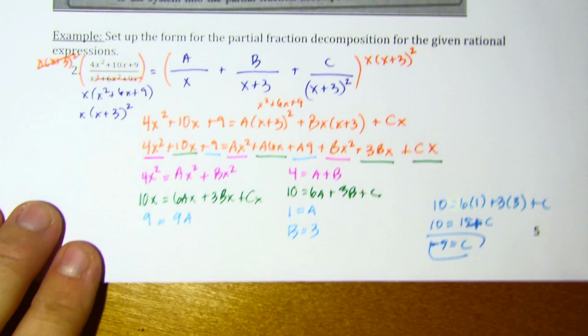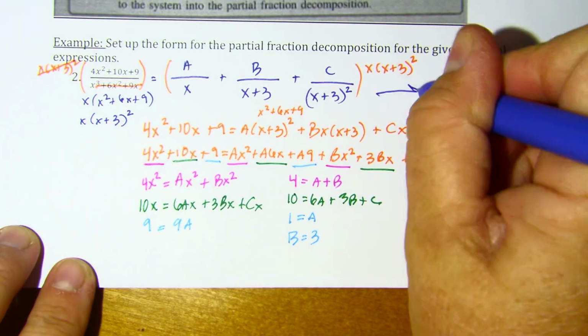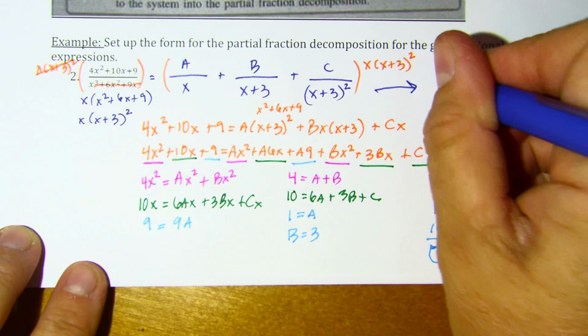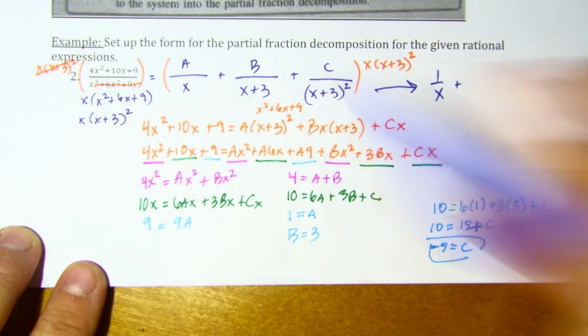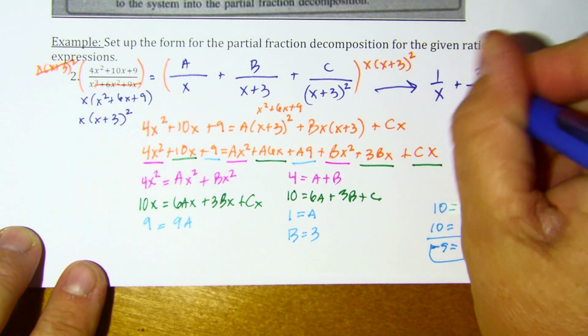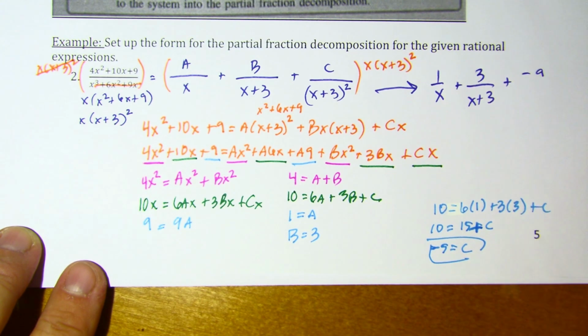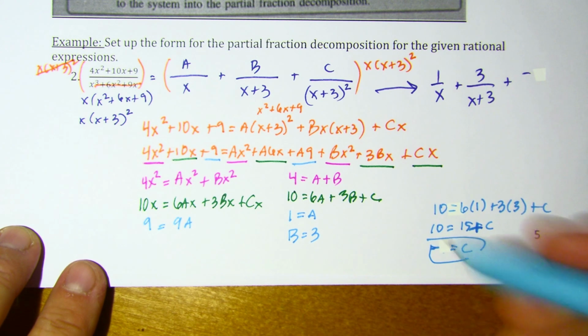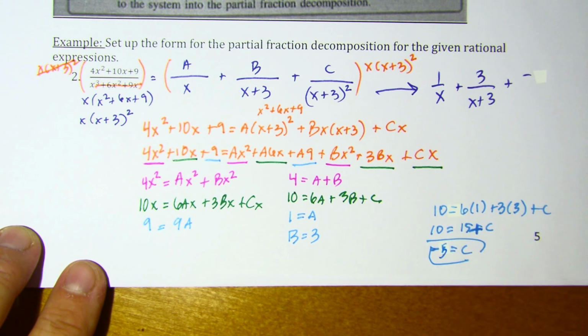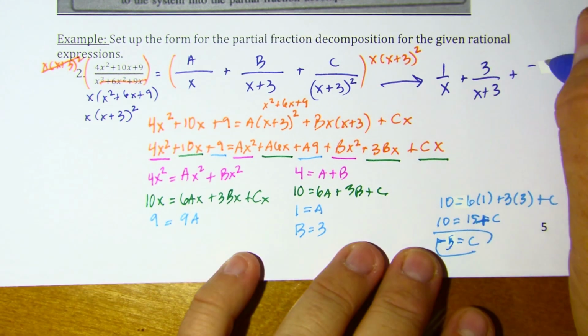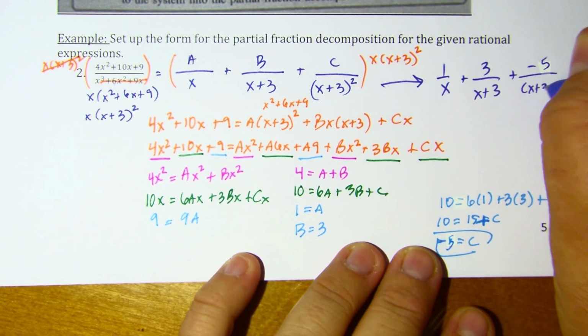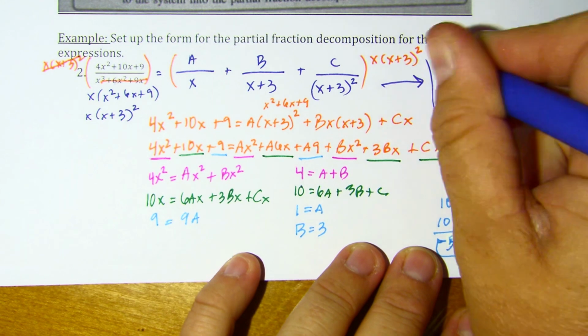So I can go ahead and write my equations from the very beginning again with my a value, which is 1, so 1 over x, plus my b, which is 3, so 3 over x plus 3, plus -5, can't read my own writing there. This is a 5. So -5 over x plus 3 squared. And that's our answer.